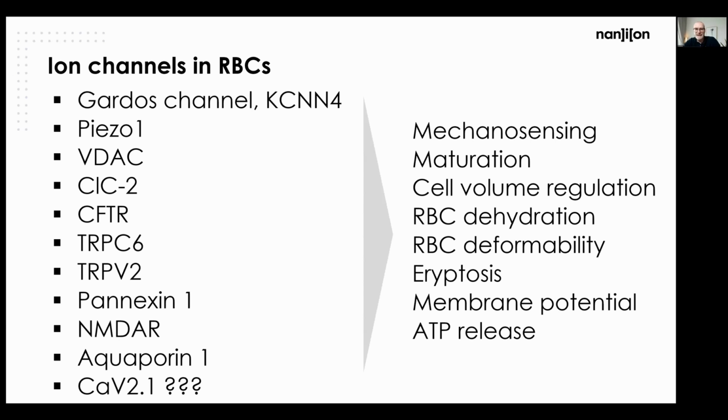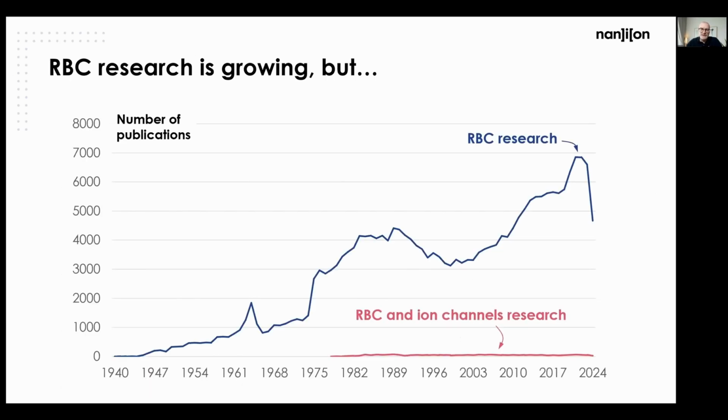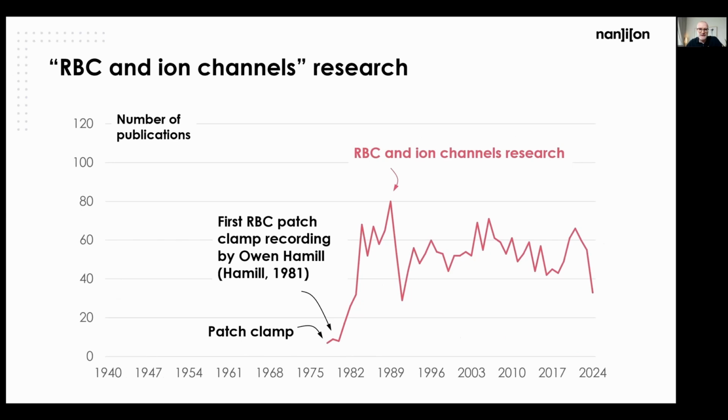So it looks like ion channels are very interesting targets to study in red blood cells, but let's look at this graph, and we'll see that red blood cells and ion channels research constitute just a tiny part of all this total RBC research. And if we magnify this red part and look closer, we will see that there is no growth in terms of number of publications per year.